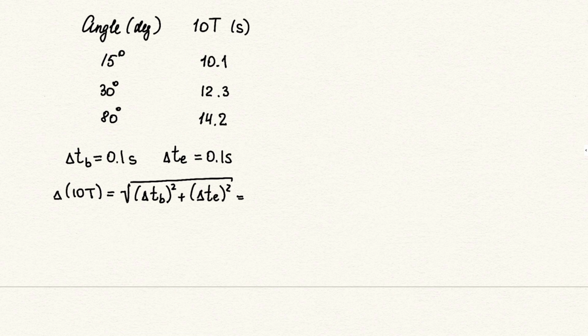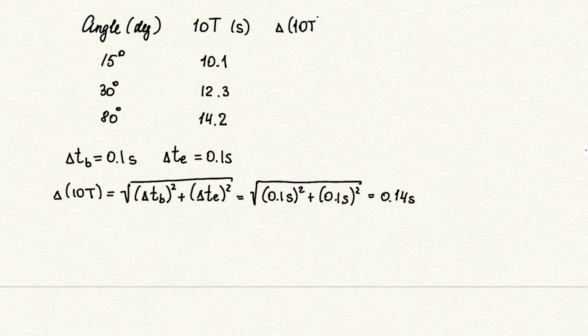I'm going to plug in the numbers, so square root of 0.1 seconds squared plus 0.1 seconds squared, which gives us 0.14 seconds, and this is the uncertainty for every measurement of 10 periods, so we can fill out this column of our table. Uncertainty in 10 periods is 0.14 seconds for every measurement.